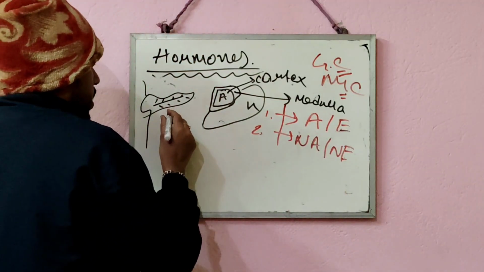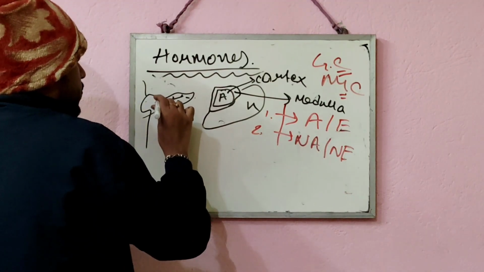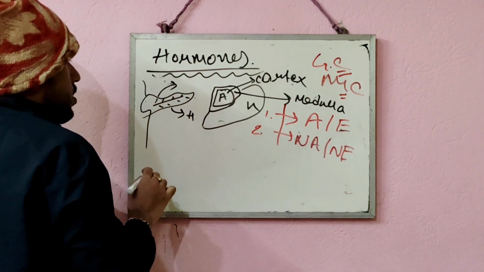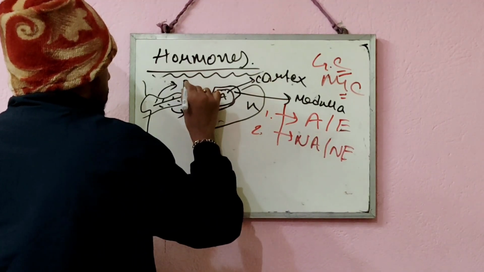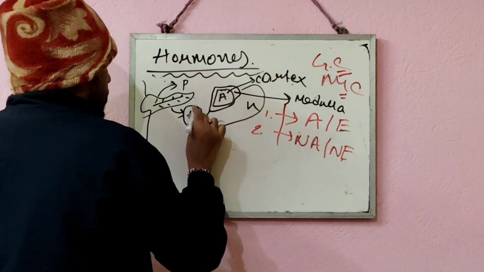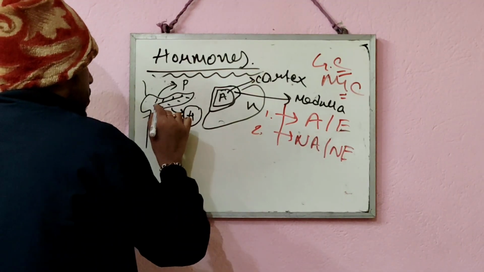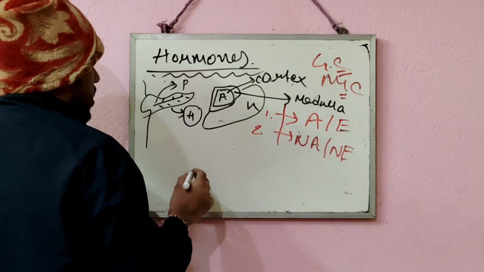Because like endocrine glands, it secretes different types of hormones, and like the exocrine system, it secretes different types of pigments. So it is also part of the endocrine system, because different types of hormones are also secreted from the pancreas.